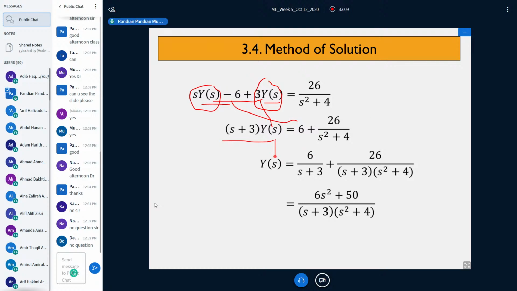Now you write Y(s) as 6 over s plus 3, plus 26 over (s plus 3) multiplied by (s squared plus 4).